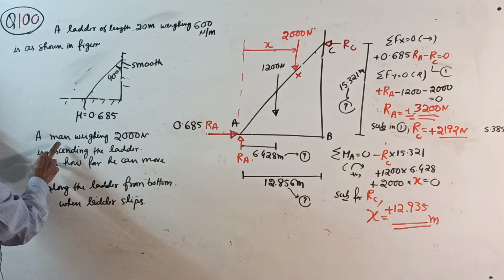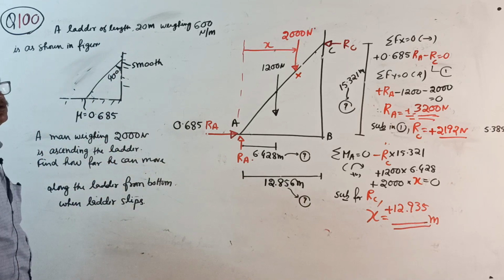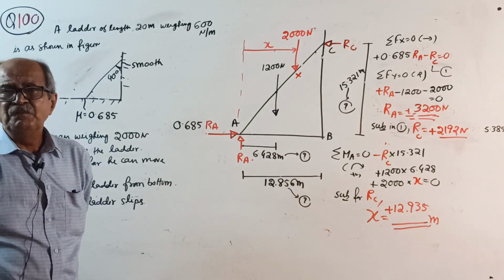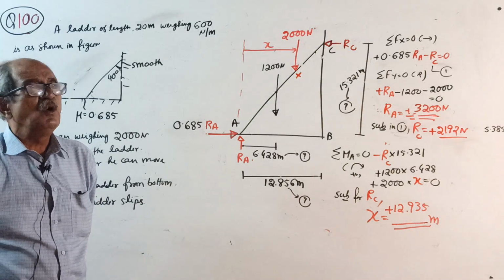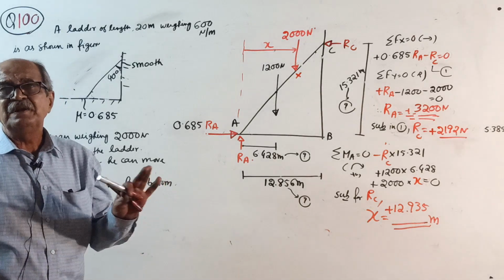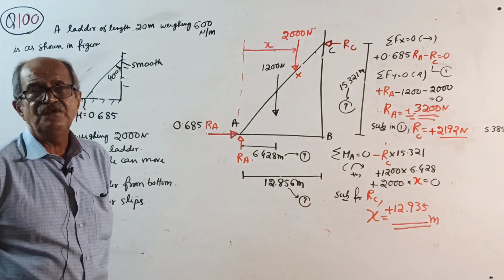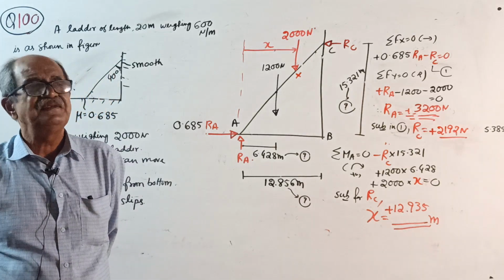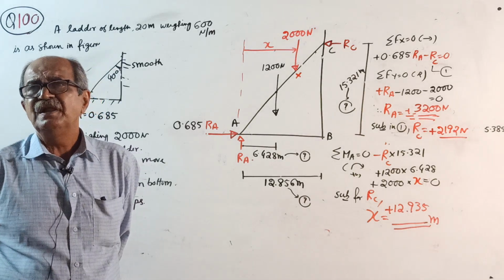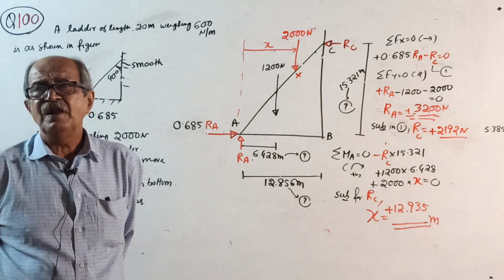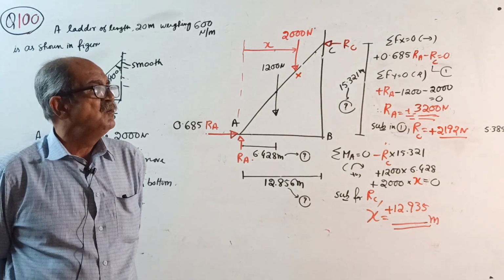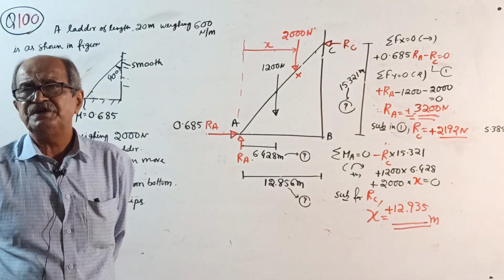A man weighing 2000 Newton, that comes out to be around 200 kilograms. Don't get panic. In India, average weight is 65, 70, 75. Some people even 85 kg or 90 kg or 100 kg. 1 kg is almost 10 Newton.